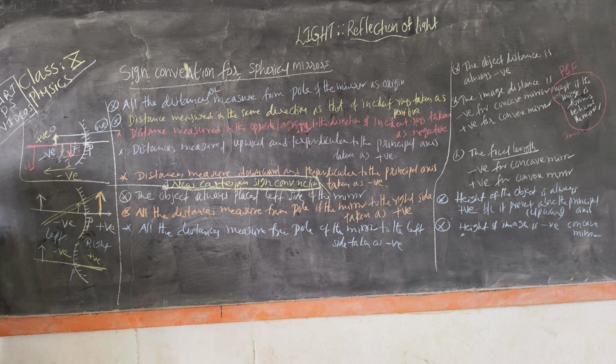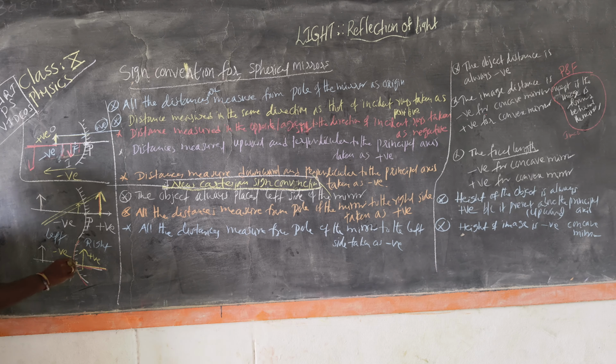In the case of a concave mirror, the image distance is mostly negative, except one case. But in the case of a convex mirror, the image distance is always positive, because in every case the image is formed on the right side of the pole, that means behind the mirror.